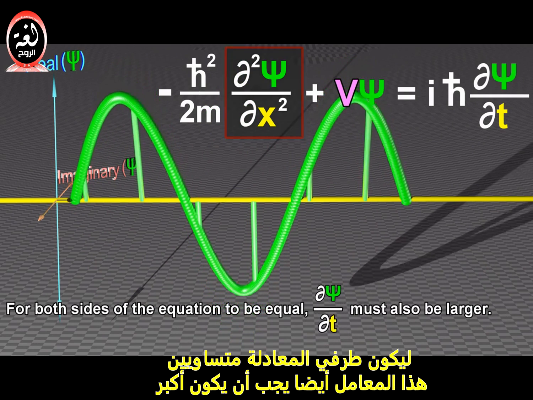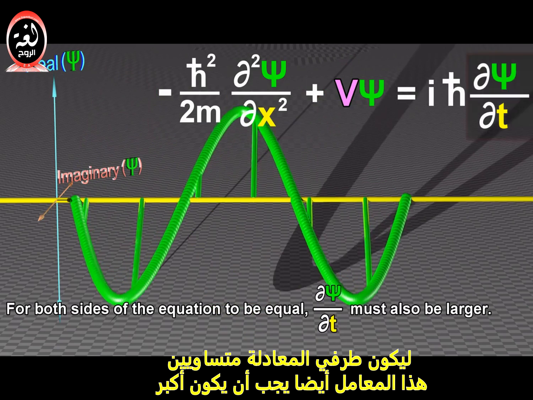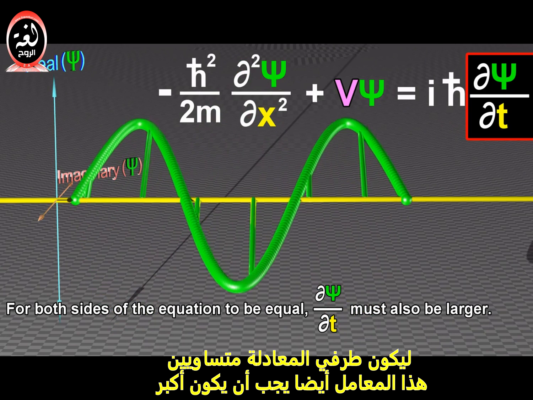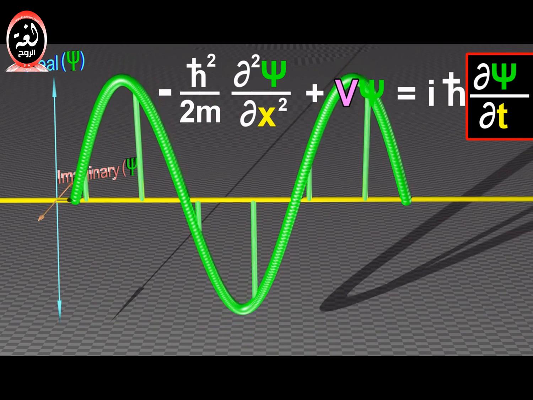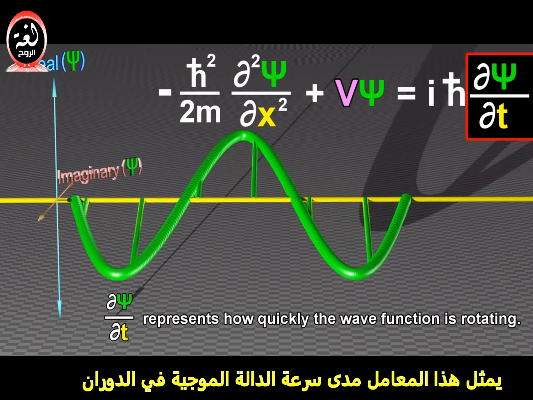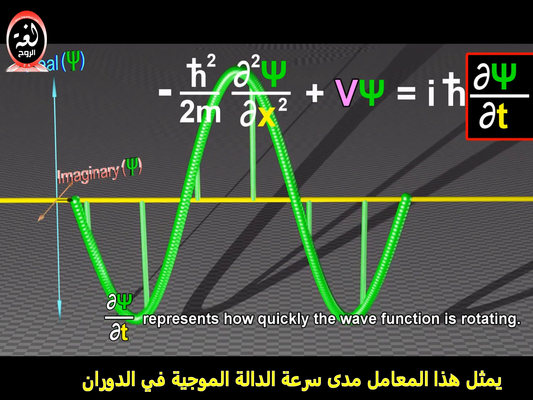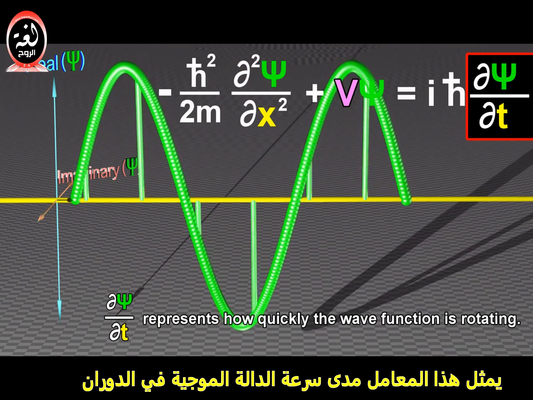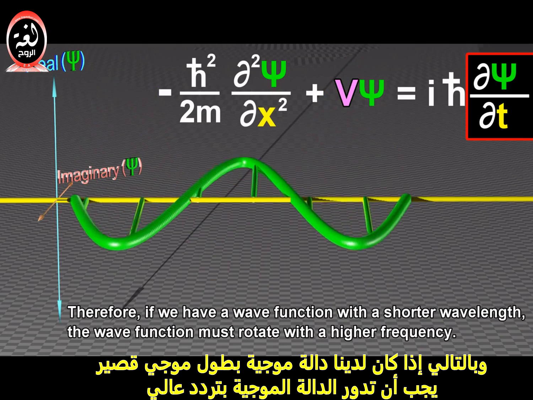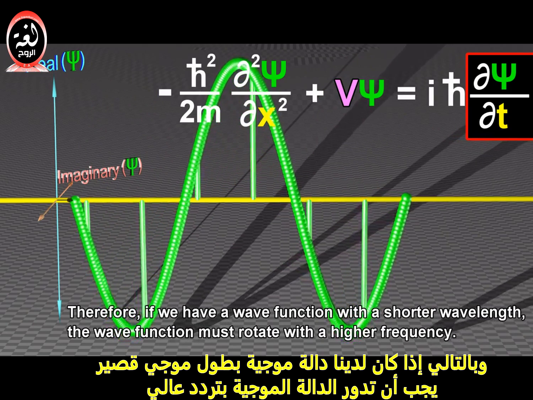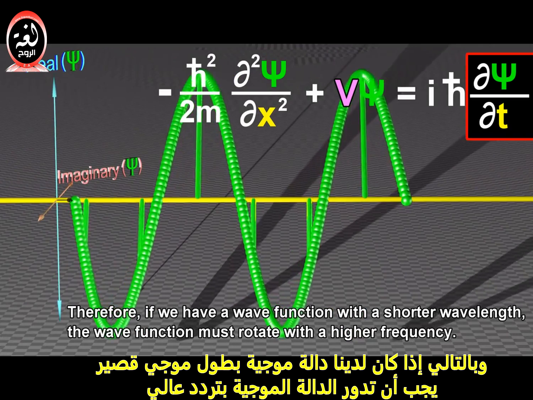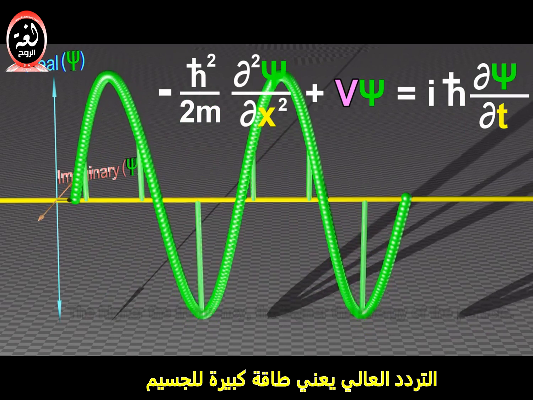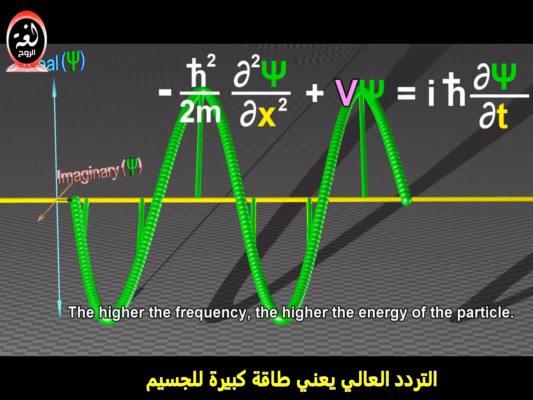For both sides of the equation to be equal, this other parameter must also be larger. This other parameter represents how quickly the wave function is rotating. Therefore, if we have a wave function with a shorter wavelength, the wave function must rotate with a higher frequency. The higher the frequency, the higher the energy of the particle.